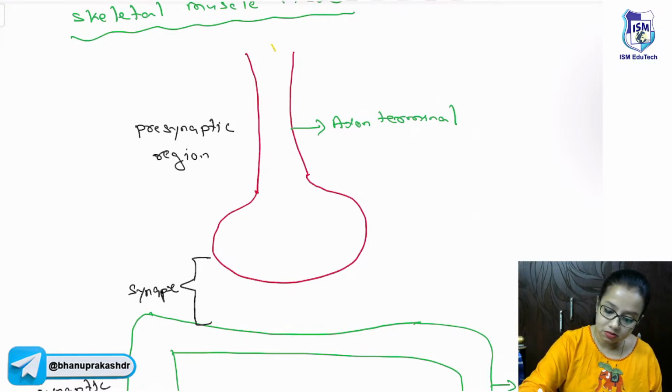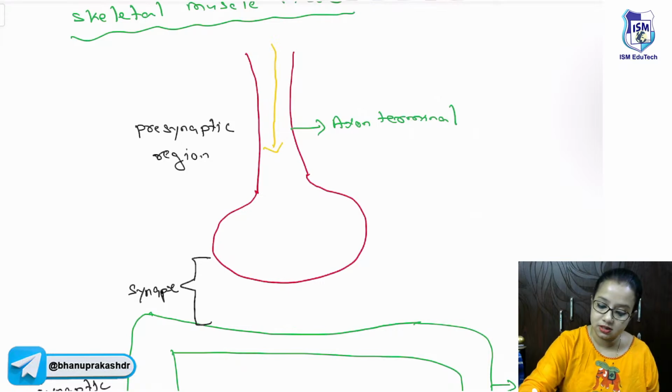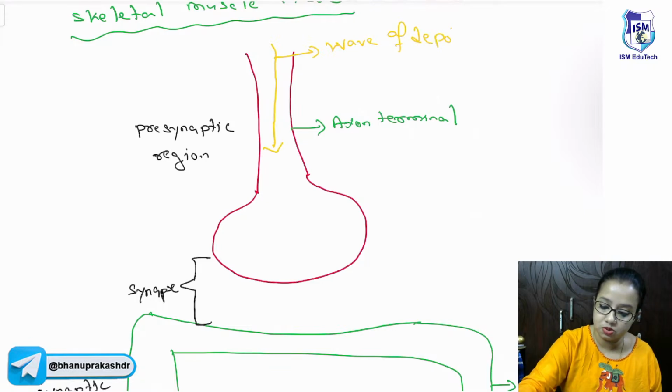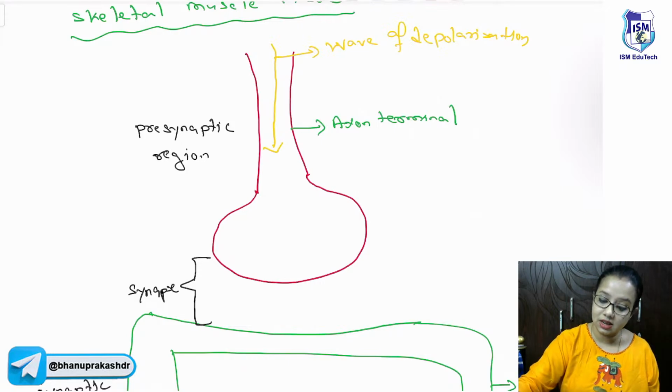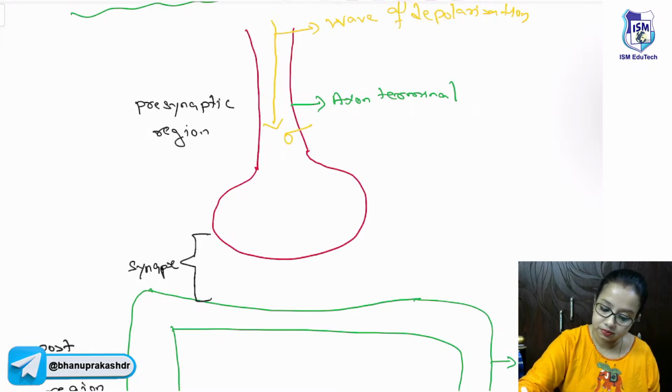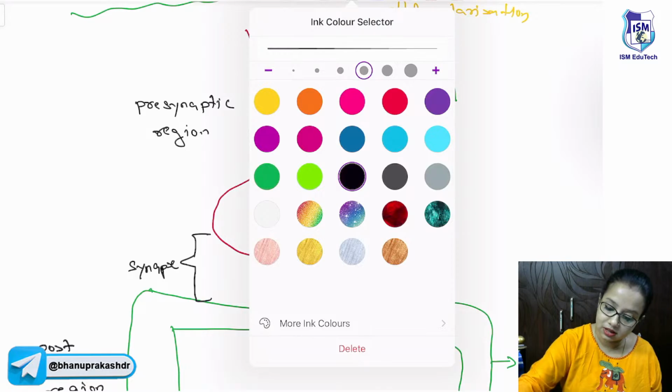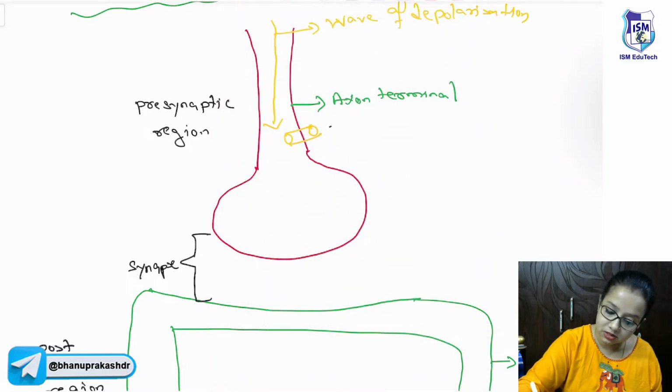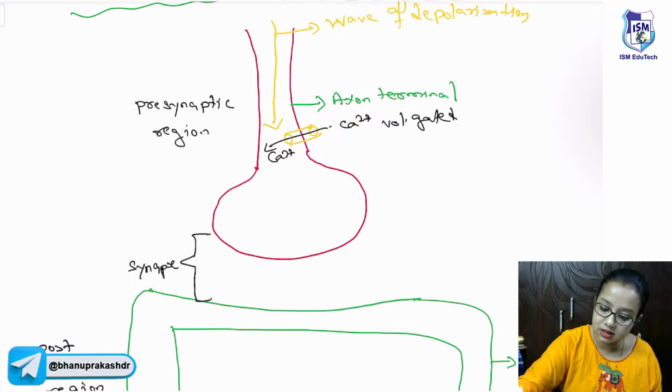So, when a wave of depolarization reaches the axon terminal, as soon as it reaches, it will immediately cause an influx of calcium via the calcium voltage gated channel.